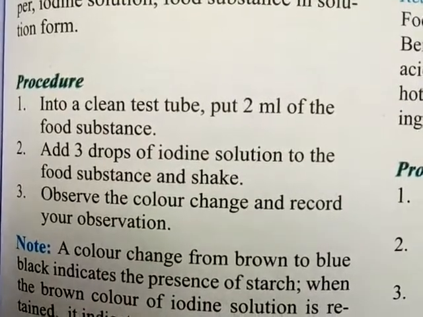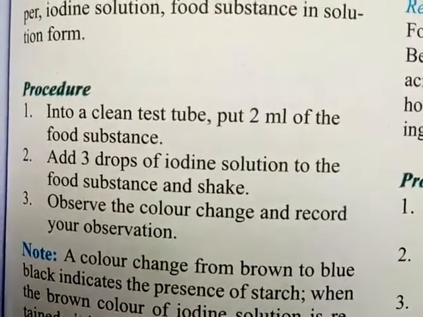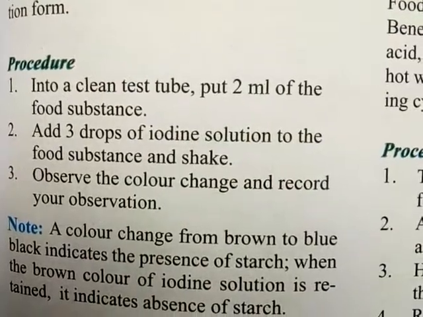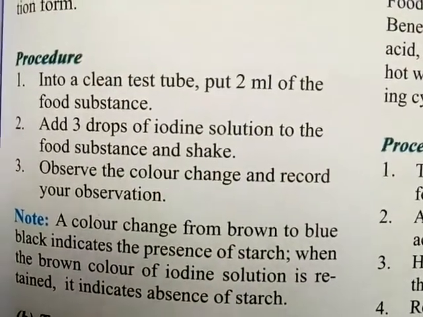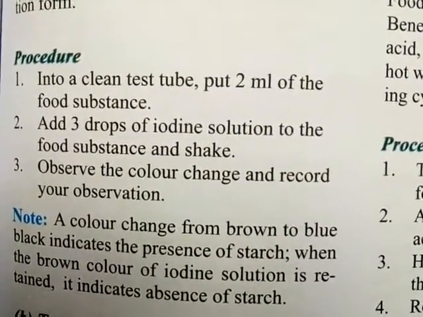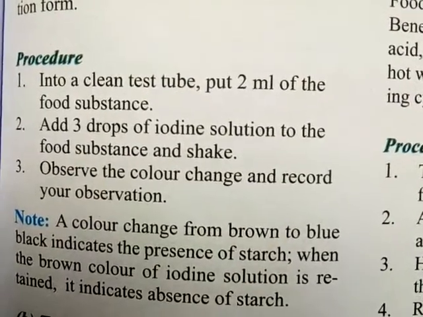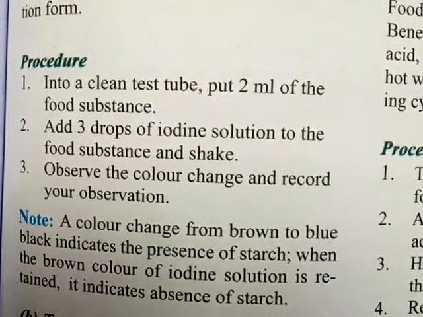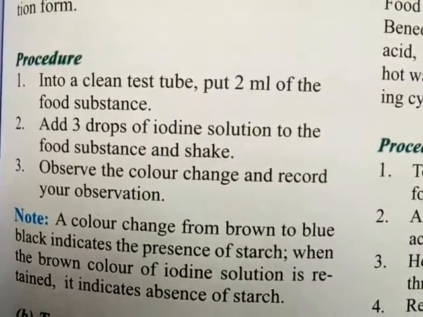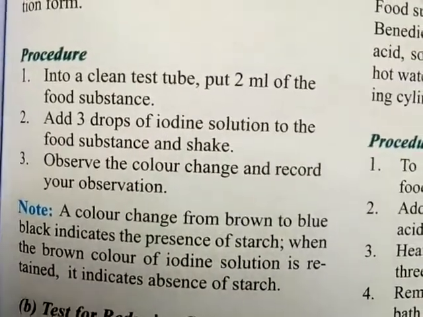So iodine is used to test for starch. If starch is present, the color changes from brown to blue-black. When you have this knowledge, you will be able to answer the question that is testing us on starch.